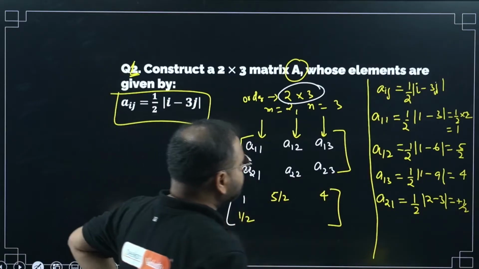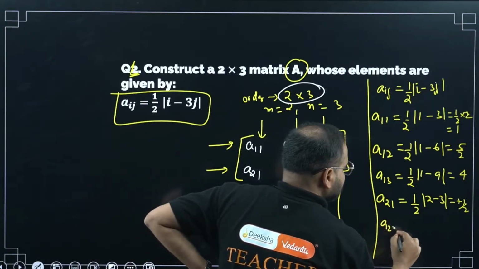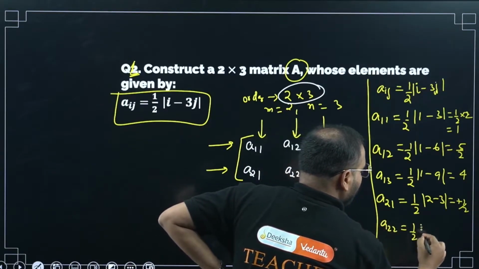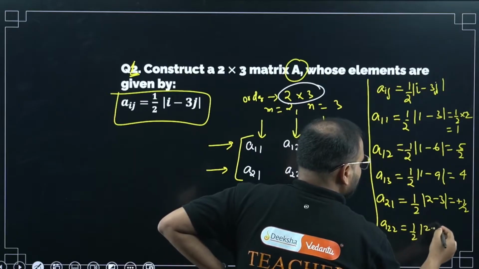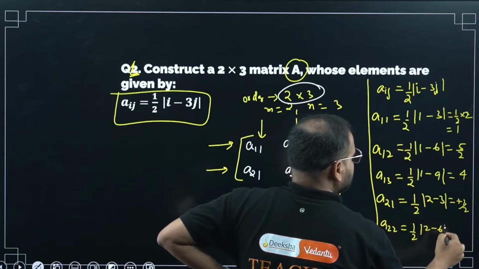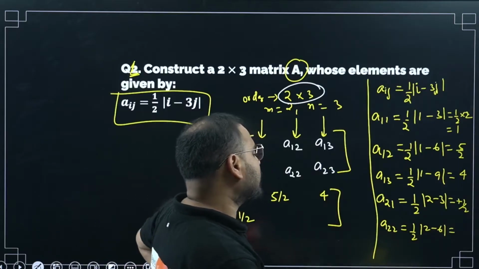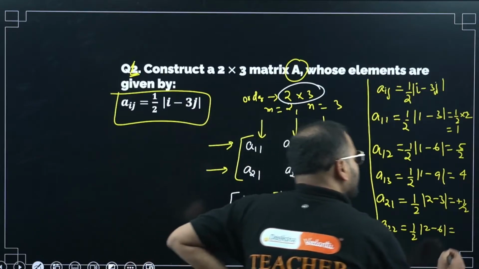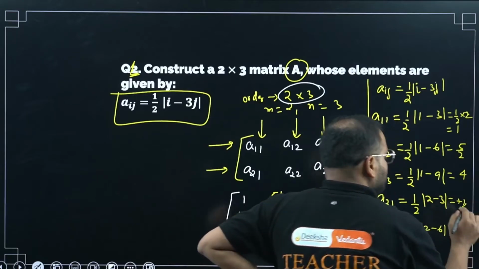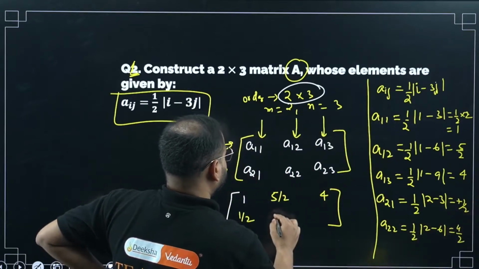Okay sir, how will I do A22? Same way, 1 by 2 mod of 2 minus 3 times 2, which is 6. 2 minus 6 is minus 4, and the mod of that is plus 4 by 2, which will be 2, sir. So I can write this here as 2.